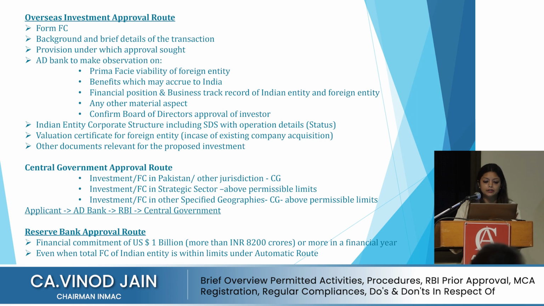Benefits which may accrue to India and the Indian entity will be seen. The financial position and business track record of the Indian entity and foreign entity would be considered by the AD bank, along with any other material aspect that the AD bank considers necessary to see whether this particular overseas investment is genuine, bona fide, and not causing any illegal activity.